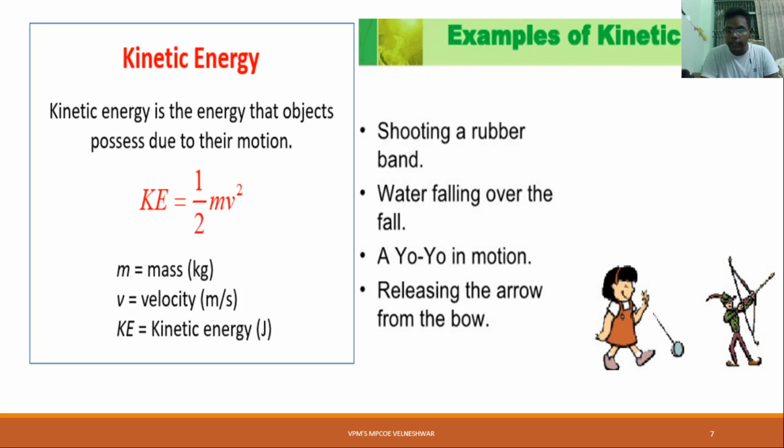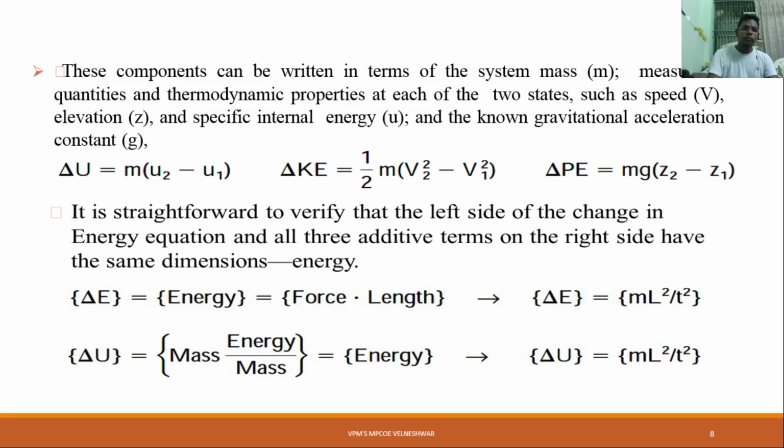That is kinetic energy. Now these components can be written in terms of system mass, measurable quantities in thermodynamic properties of each two states such as speed, elevation and specific energy. Speed, obviously velocity. If you see in all three ways, some speed is there, velocity, that is one.